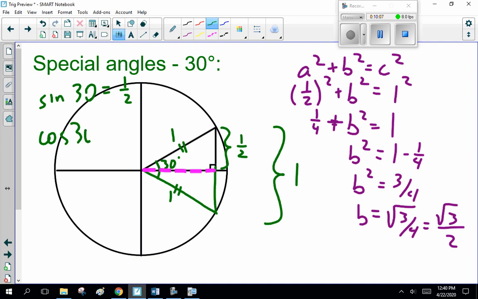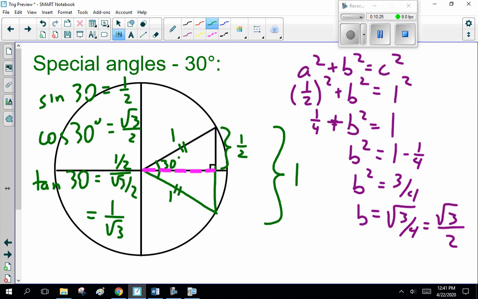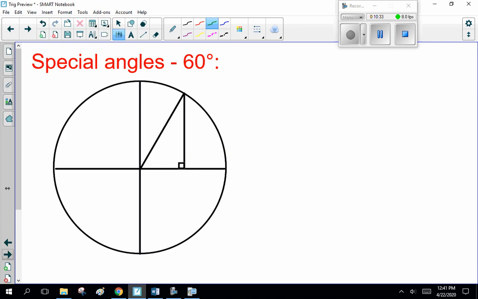So cos of 30 degrees is root 3 over 2. Oh, I haven't done tan. Tan of 30 is opposite over adjacent, which becomes 1 over square root 3. That I don't need you to remember, but sine and cos I do. I'll harp on them in Math 20, and I will harp on it and harp on it in Math 30.